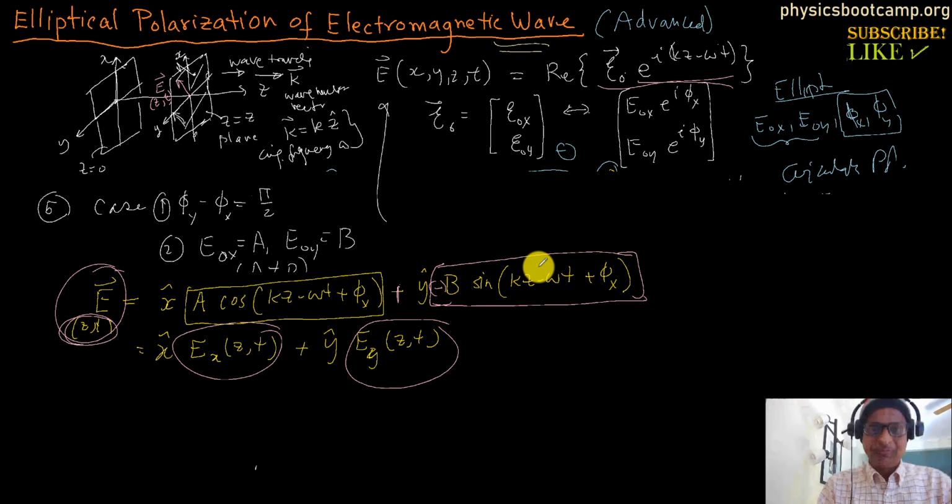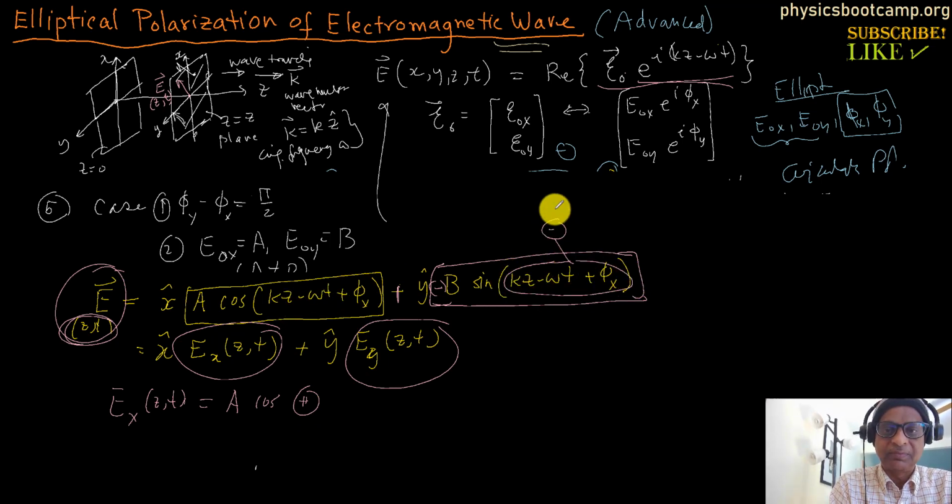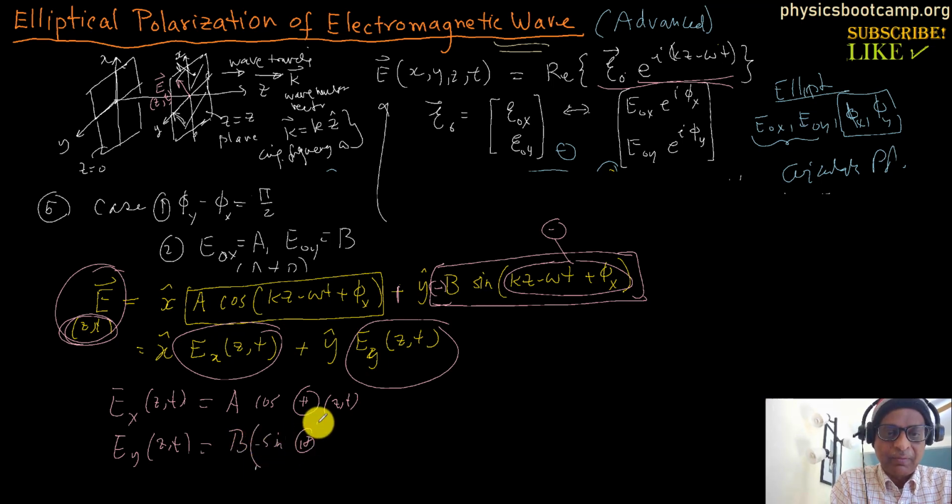So the y component, and notice that Ex at any place and time is A cosine theta, and theta stands for this stuff, and Ey at z, t, and this is the z, t. This z, t is inside there, and this is B, minus sine theta at z, t.